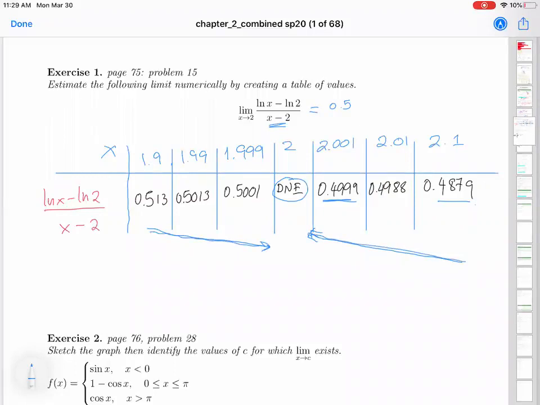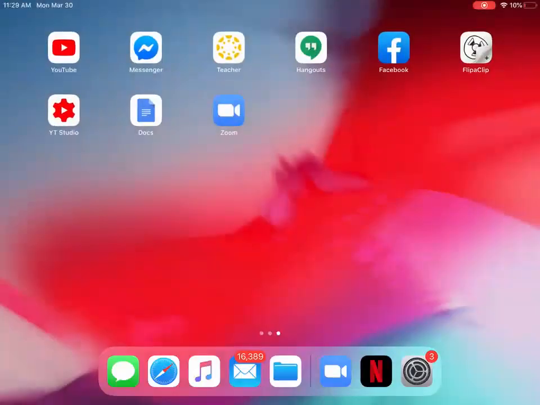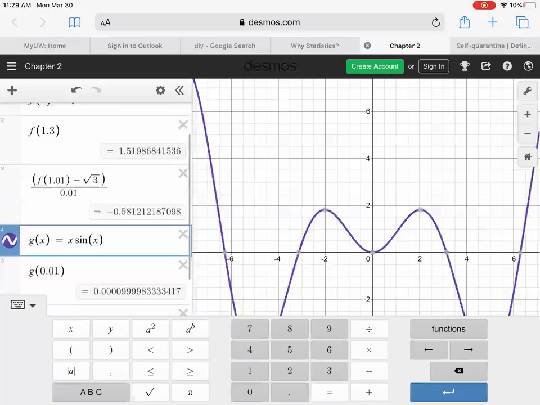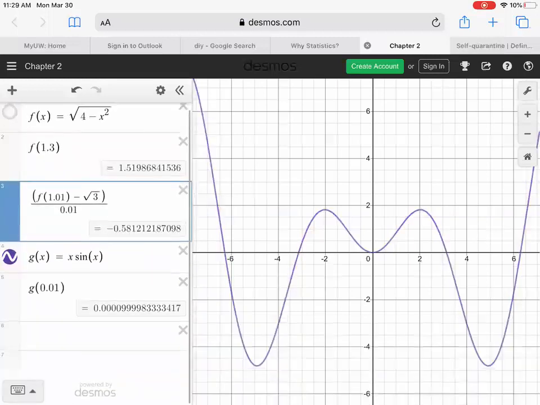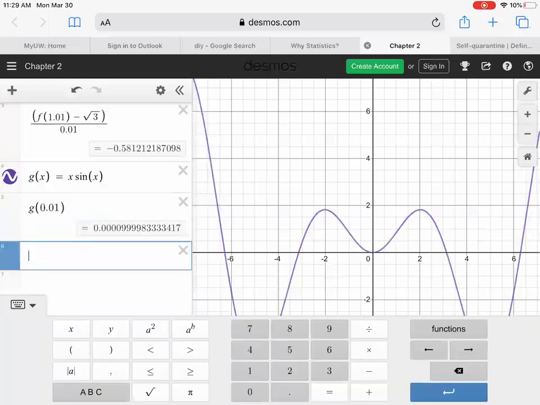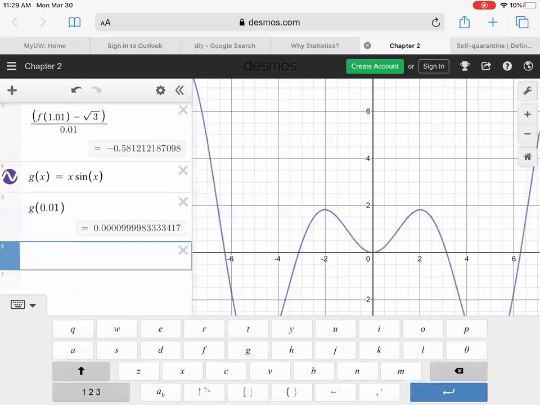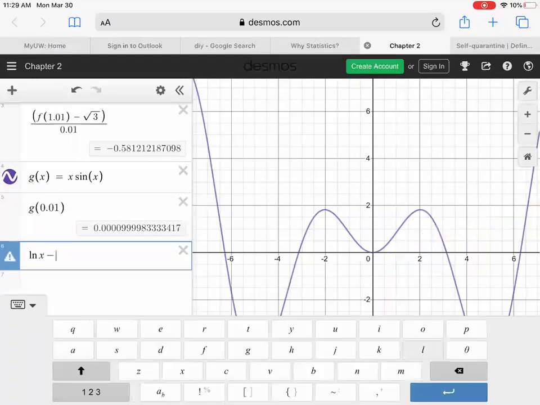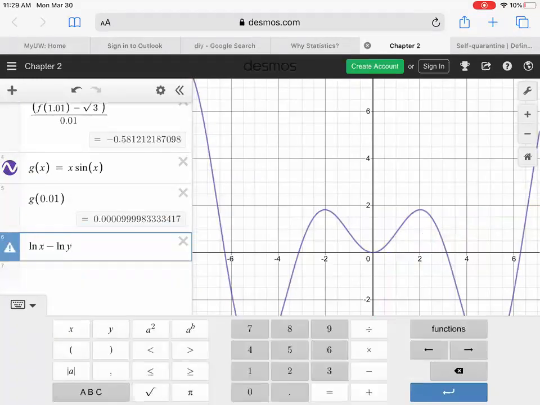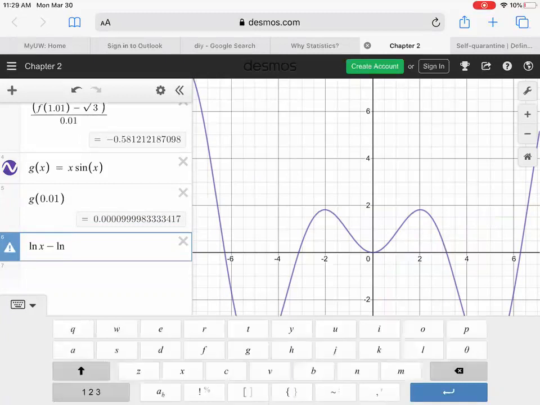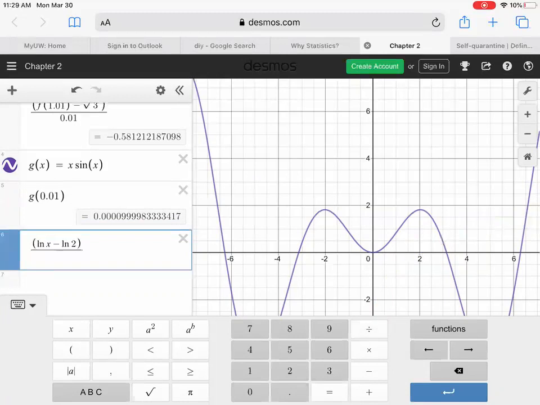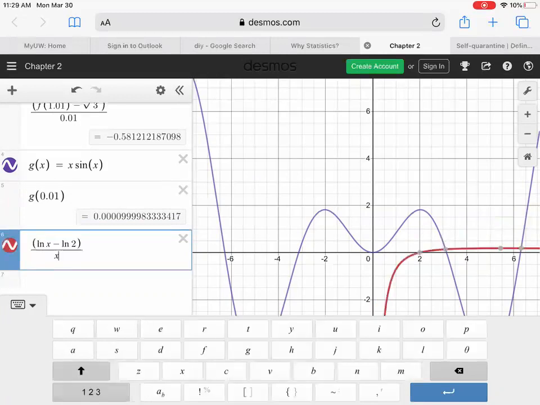Okay. If you want to look at the graph, this is the graph of the function (ln x minus ln 2) divided by x minus 2.